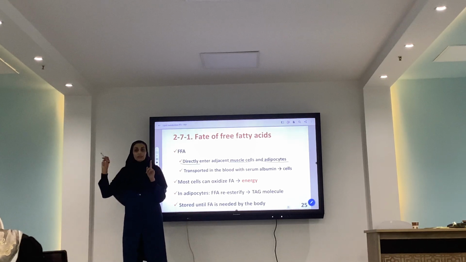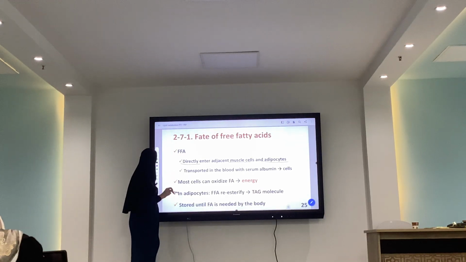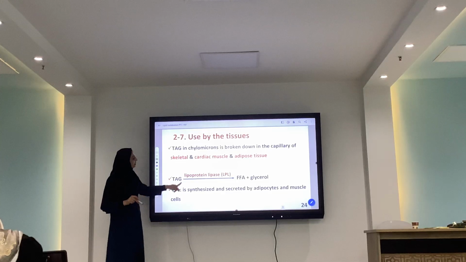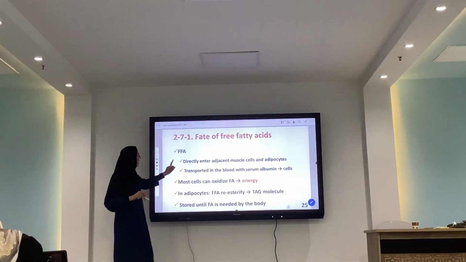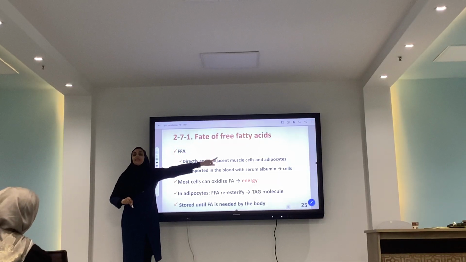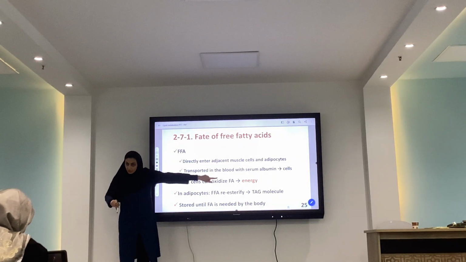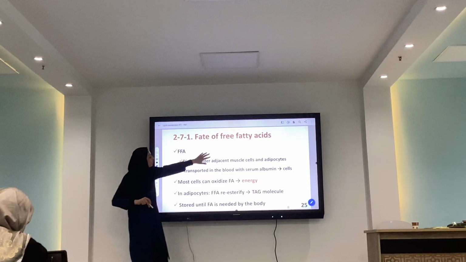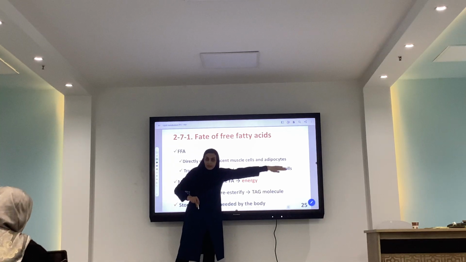They enter the enterocyte and blood circulation. After that, the lipoprotein lipase will break it down into free fatty acid and glycerol, and now it can enter the cells freely. It is near the cells. You mean you continue the chain when they distribute in the blood circulation? Yes. They go to the blood circulation and arterioles that are near to muscles and adipocytes.